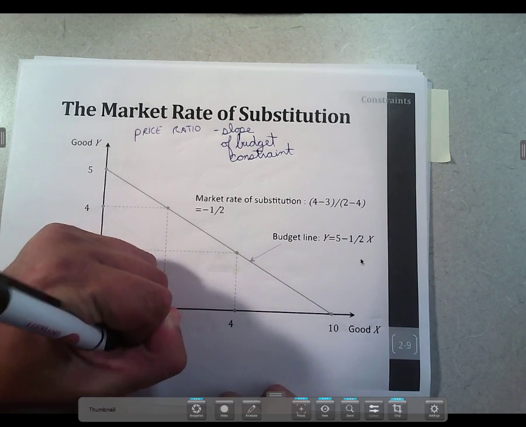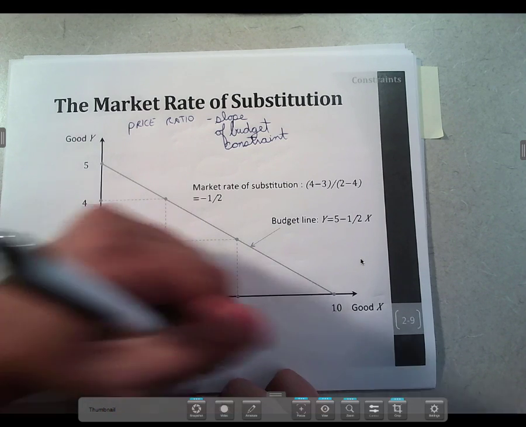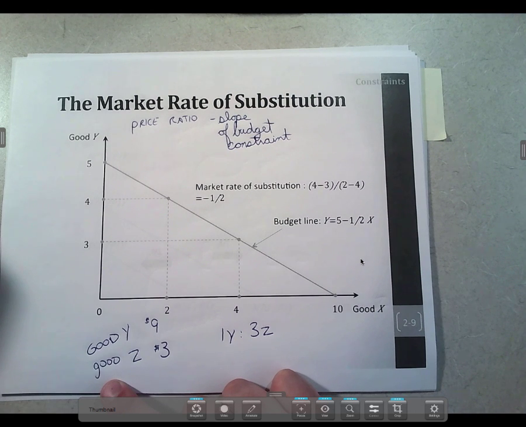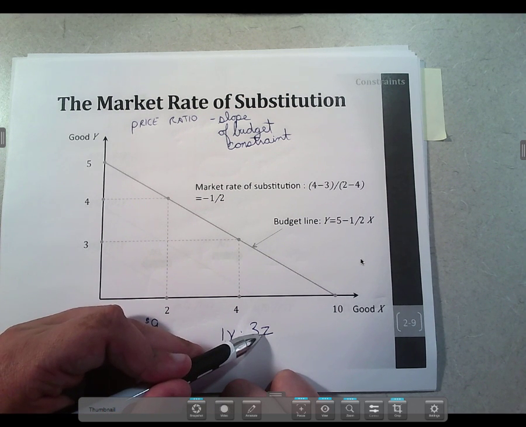and good Z is $3, that obviously the market rate of substitution here then would be 1Y for 3Z, right? That if I had only $9 to spend, I could either buy 1Y or I could buy 3Zs.